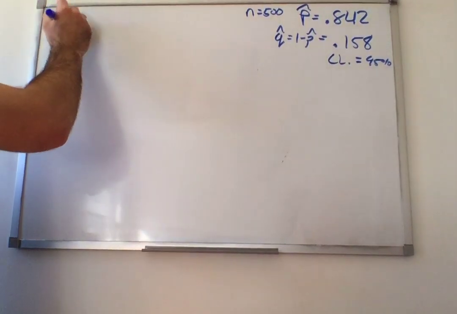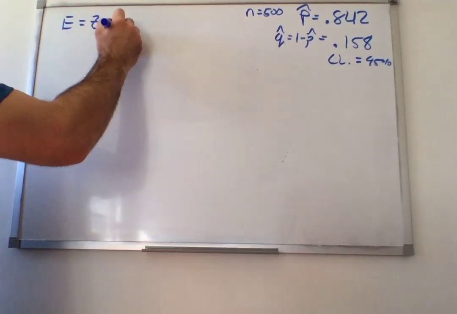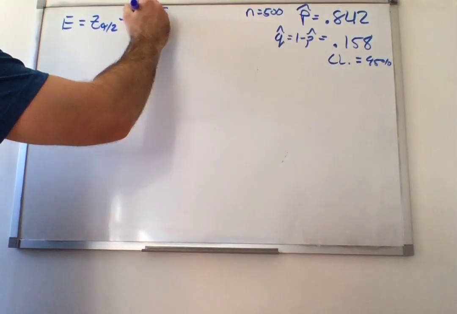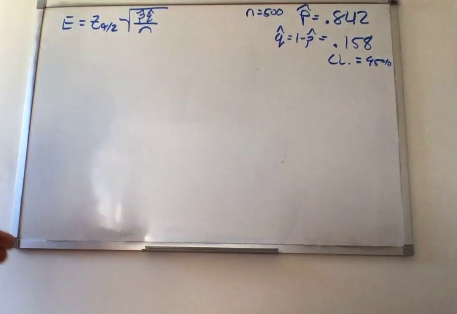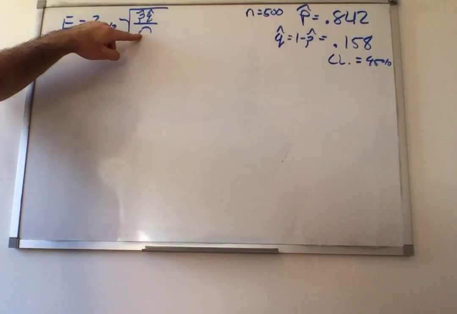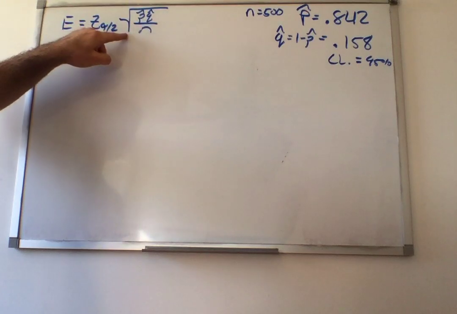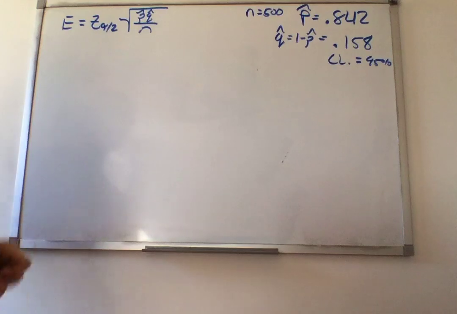So we need to compute the error, which is Z alpha divided by 2 times the square root of P hat Q hat divided by N. Well, we have P hat. We have Q hat, we have N. So this part of the formula for the error is figured out. We need our critical number, Z alpha divided by 2.